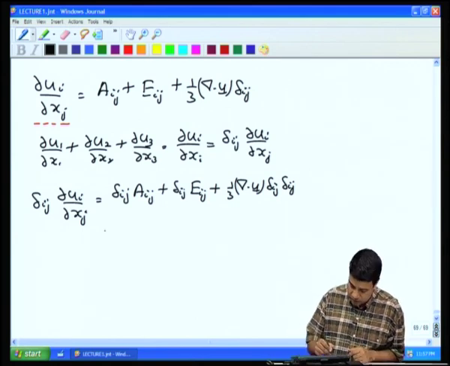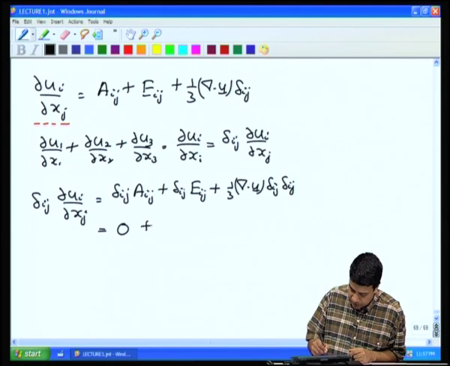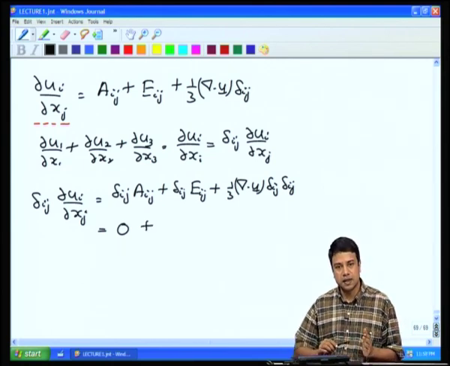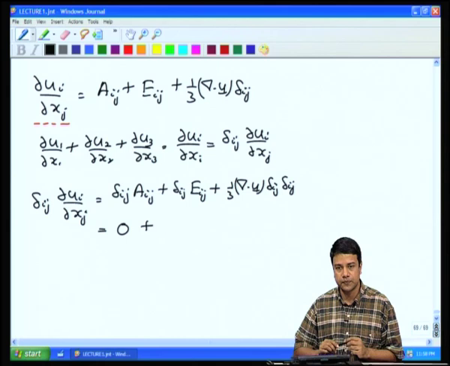So, this becomes 0 plus delta ij times Eij, where I just add up the diagonal parts. When I have a summation of delta ij times Eij, with i equal to 1 to 3 and j equal to 1 to 3, that means that in one of the summations I could have replaced i by j, because you get a non-zero result only when i is equal to j.